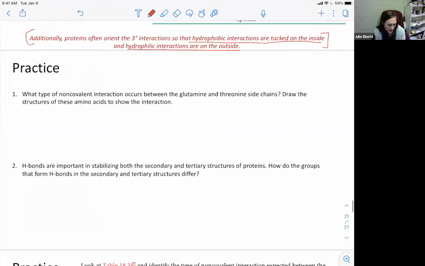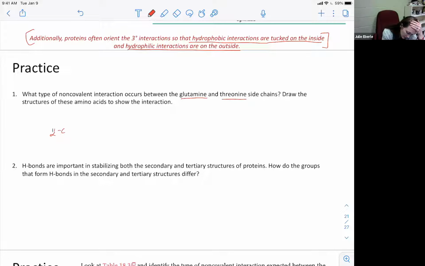Okay, practice. What type of non-covalent interaction occurs between the glutamine and threonine side chains? Draw the structures of these amino acids and show the interaction. So glutamine, I'm just going to draw the alpha carbon here.